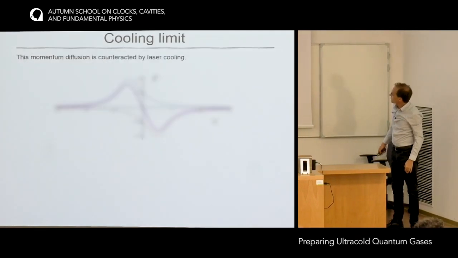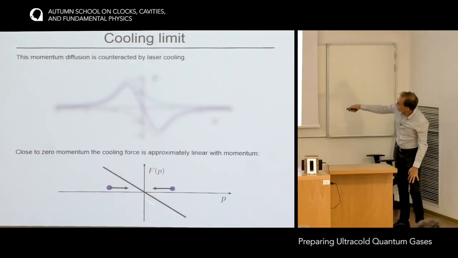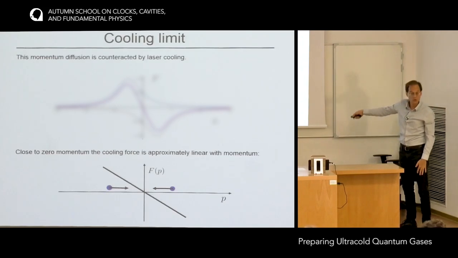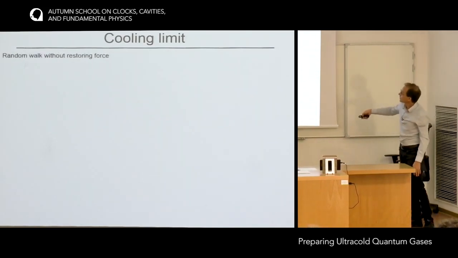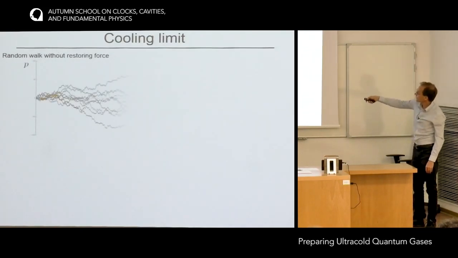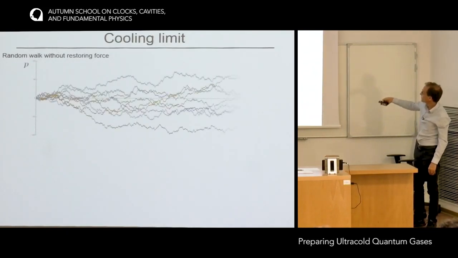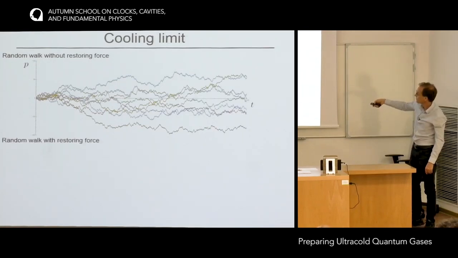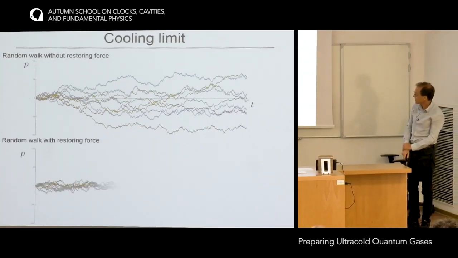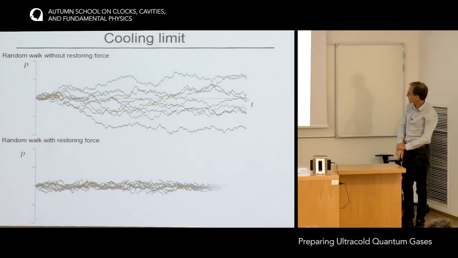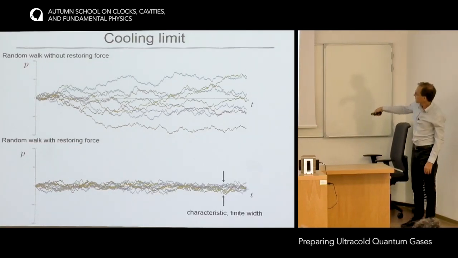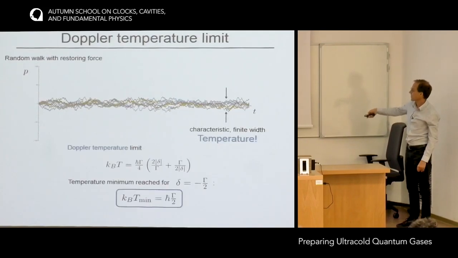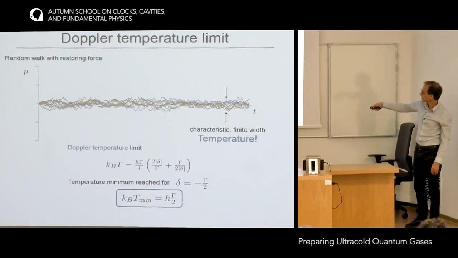Now, we do this diffusive motion together with this linear restoring force. Let's do the same simulation again, here without the restoring force. It's just a momentum space diffusion. And with this restoring force, the size is just limited here. And this is just the temperature, and Marco showed you how to derive this equation.